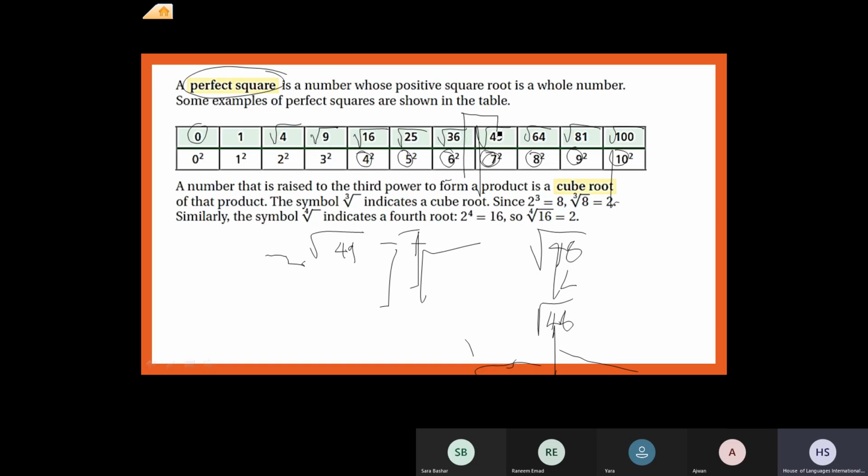Only 36 and only 49 are rational. These numbers are exactly rational numbers.